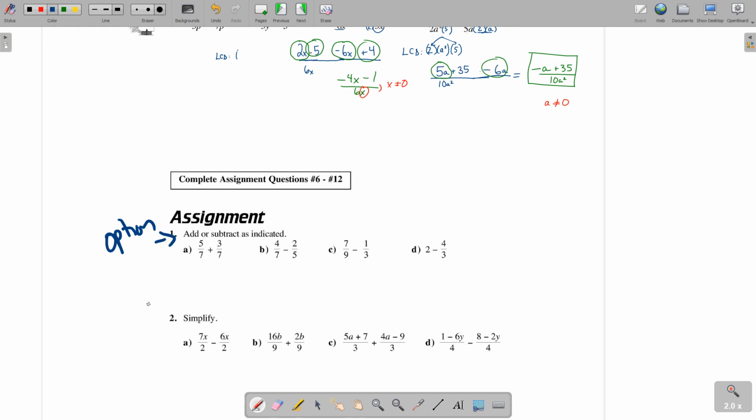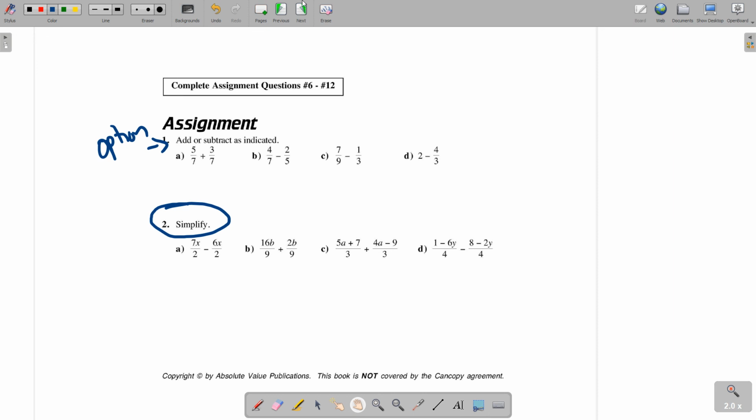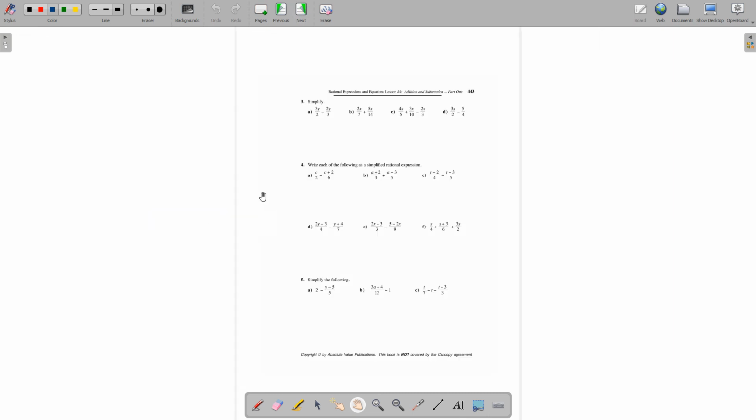That's not necessarily Math 30 level, but it's good back review. When you have ones with monomials on the numerator, absolutely. Perhaps you should do all of these 4 on question 2. So question 2, number 2, all of them. Zoom in here so you can see what I'm talking about.